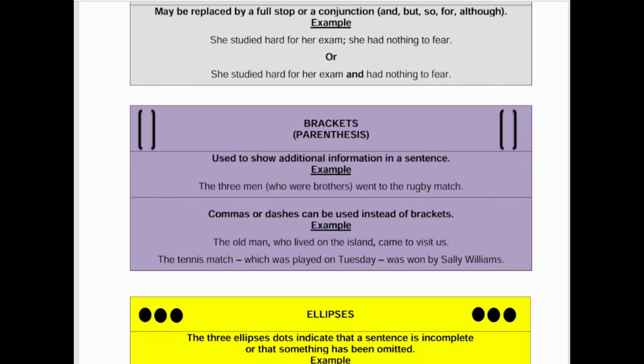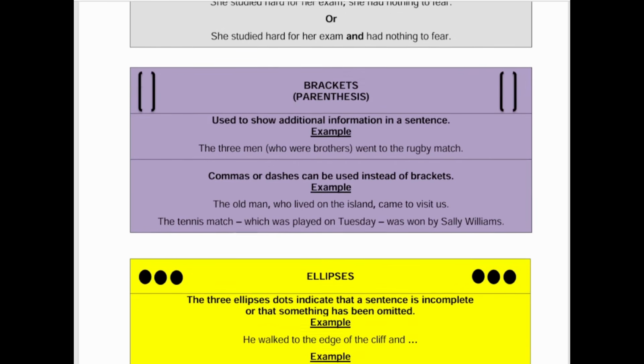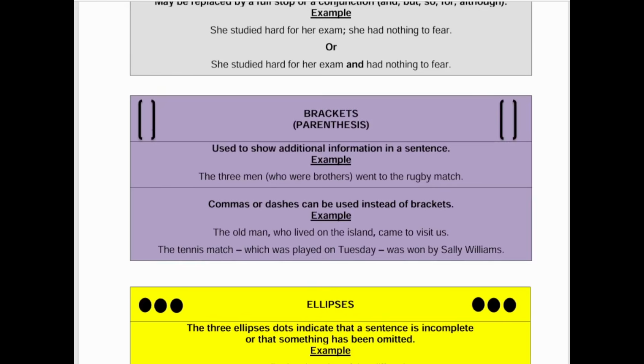In fact, that statement is correct without using who were brothers. You can say the three men went to the rugby match. But since you want to add more information, the three men who were brothers, who were brothers is going to be in bracket, went to the rugby match.